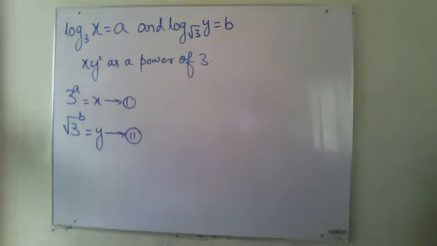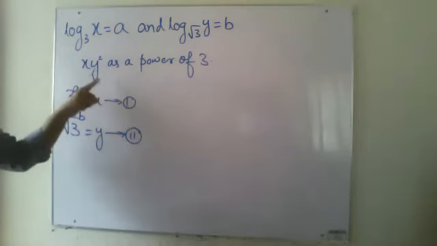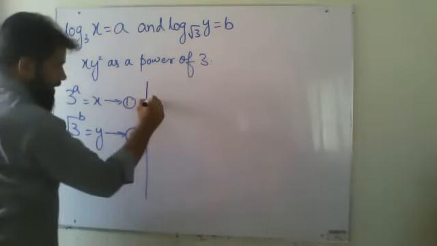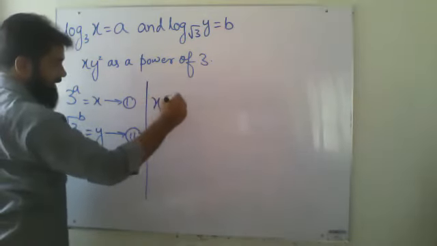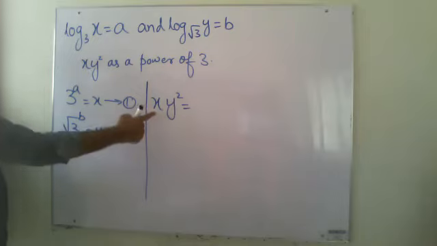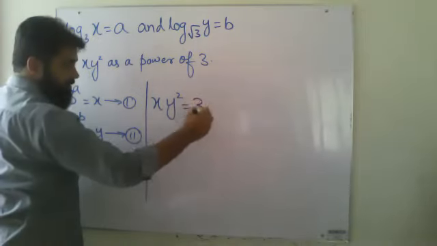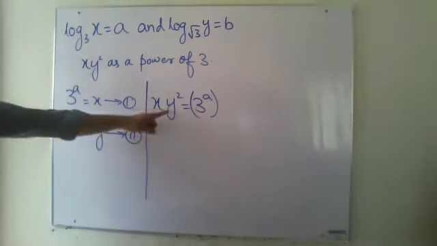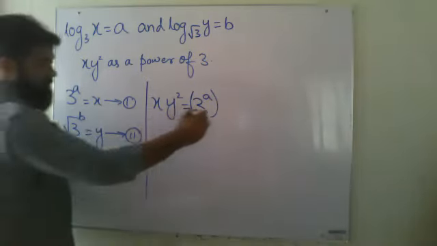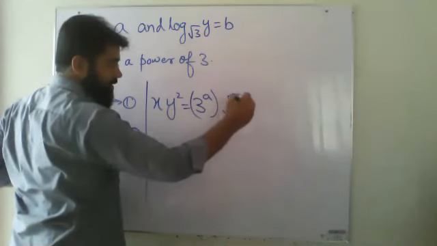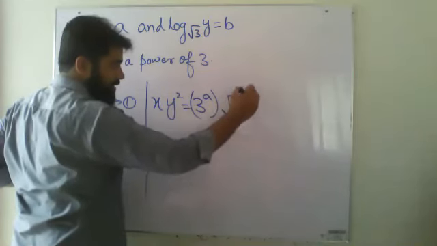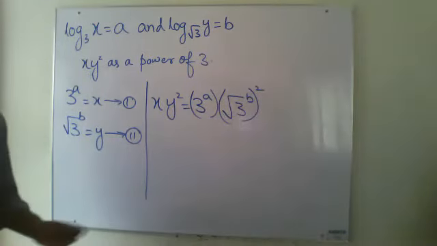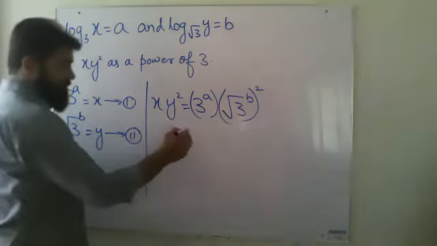Okay, now what I have to do is shift x y square as a power of 3. So x y square will be equals to, what is the value of x? 3 to the power a. I am plotting the value over here. y square means under root 3 to the power b, whole square. Okay, I can directly solve it, but I am not, because some of you will get confused.